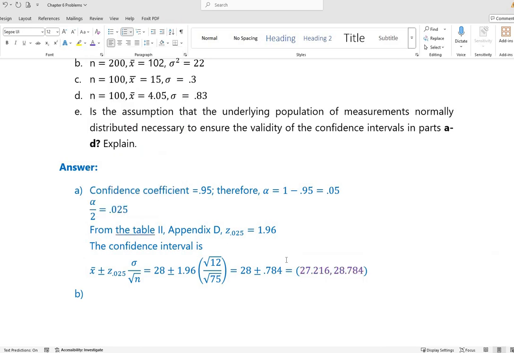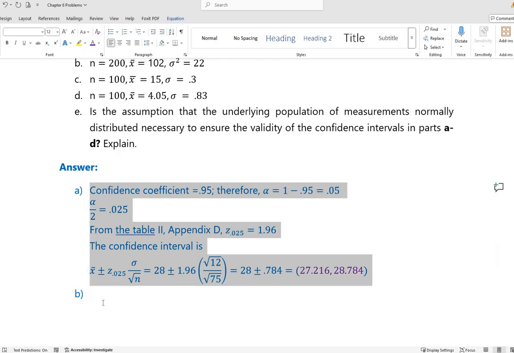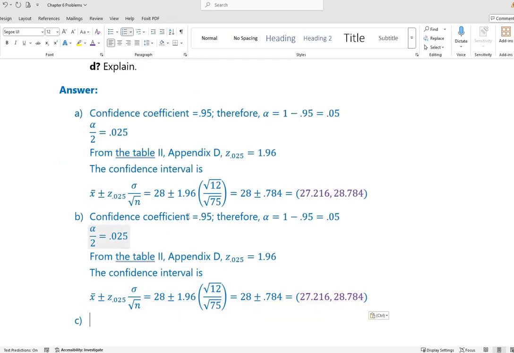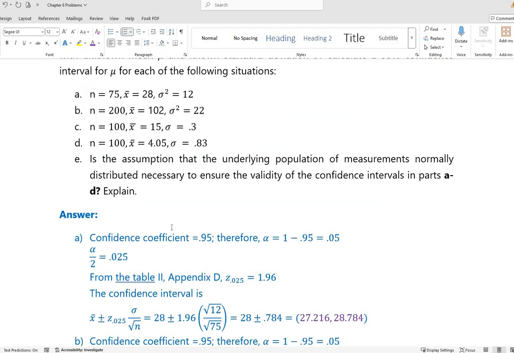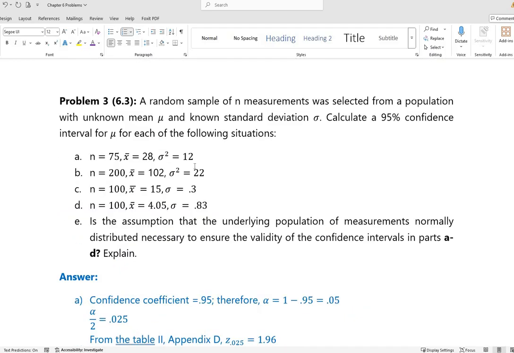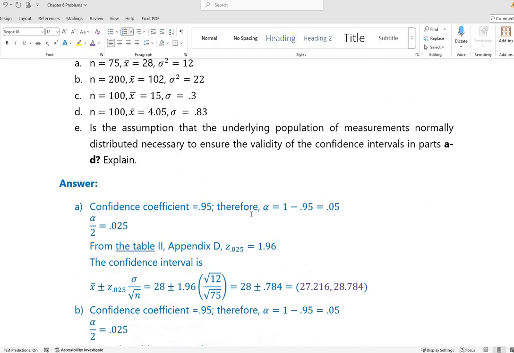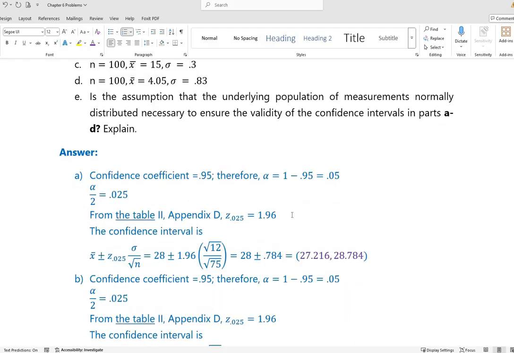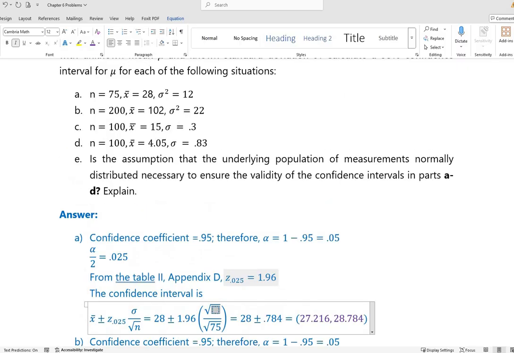Again, what I'm going to do is copy this, because I can just substitute the numbers. So the confidence coefficient, 95%, is fine, and now n is equal to 200 and the variance is 22. So this z is 1.96, that's fine. Now the variance is given as 22, right?